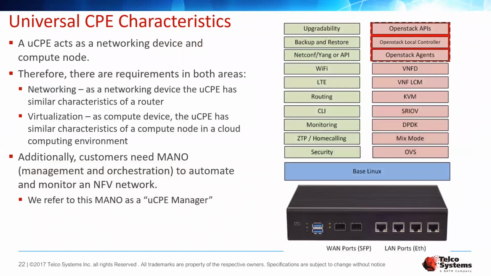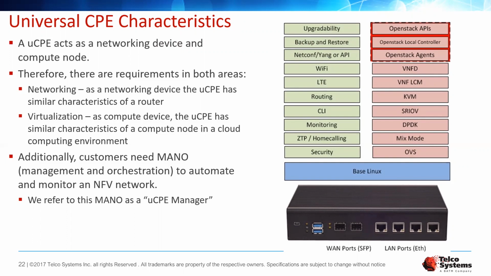A lot of people talk about uCPE today, but then what is it? So we've been receiving requirements from customers in different engagements and in RFIs. And our conclusion is that a Universal CPE has two phases. First is a networking device, because it's the first entry point into the enterprise branch.